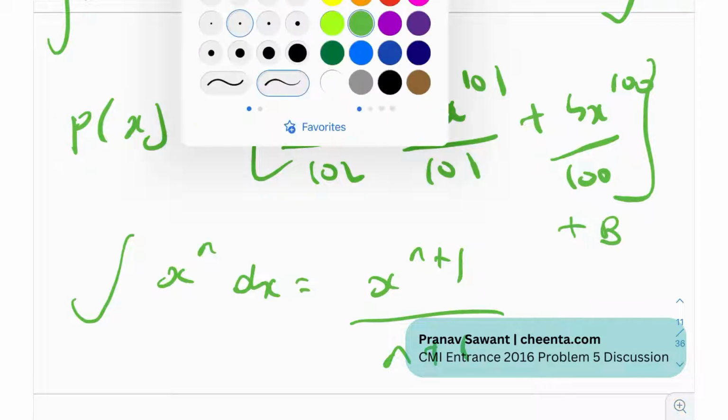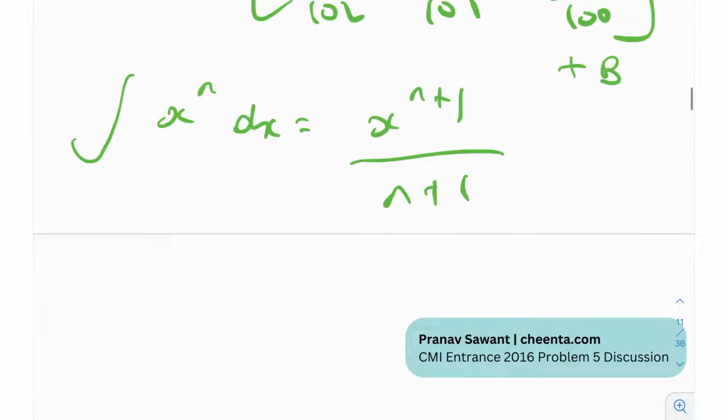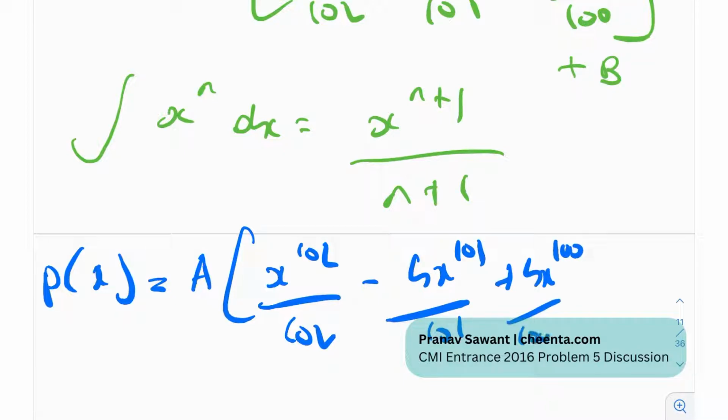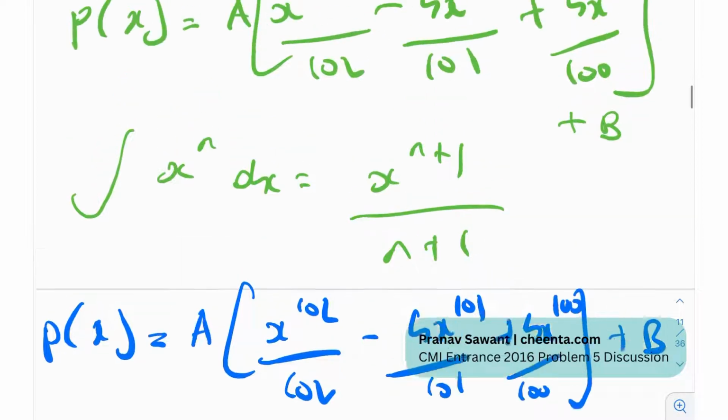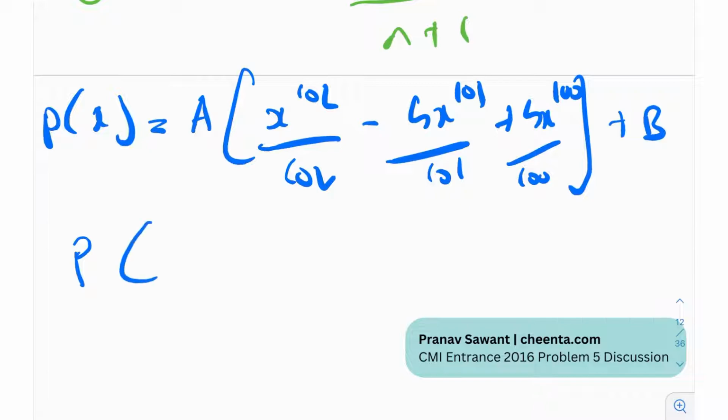So now we have an expression for p of x. So p of x is nothing but a times (x to the power 102 by 102 minus 4x to the power 101 by 101 plus 4x to the power 100 by 100) plus b. Right? That's what we had found over here. Now it is given to us that p of 0 is 1. Why?